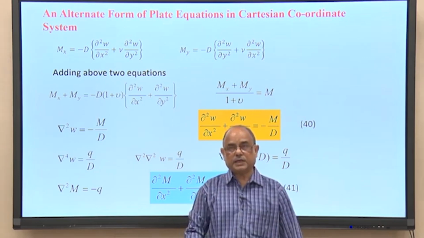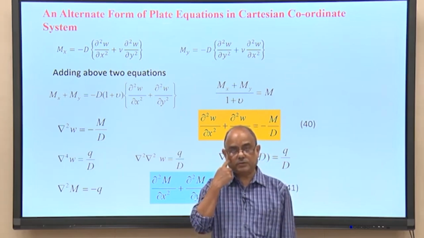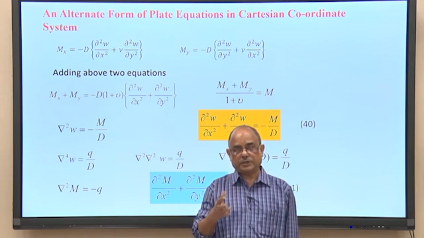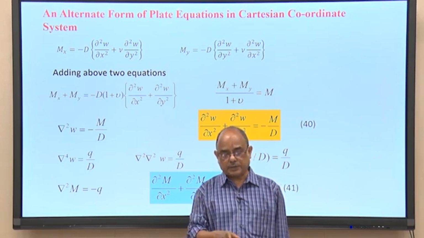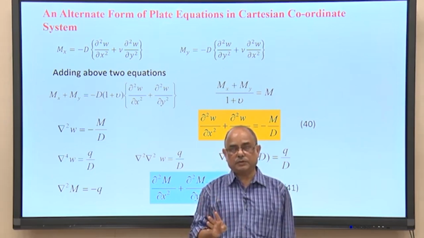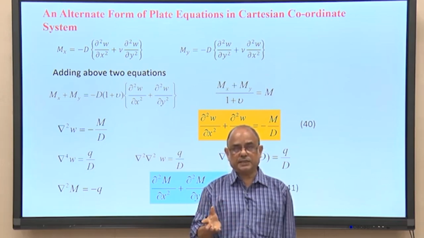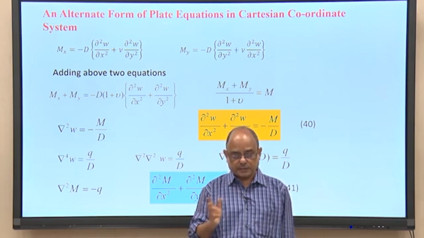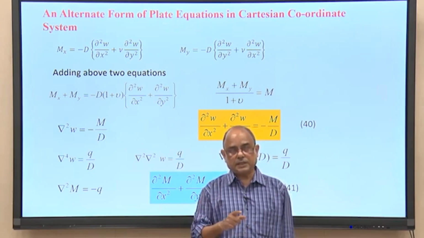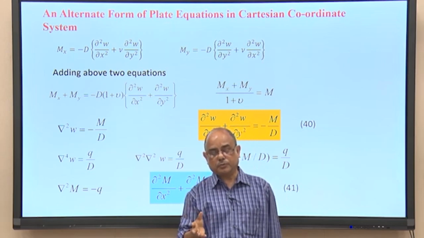In the next class I will demonstrate the different conditions or different methods of solution, especially for the equations I have derived here: one is the fourth order equation, one is the second order equation. Fourth order equation is relating the deflection to the distributed load, and second order equation is relating deflection to a moment quantity. A moment quantity is the summation of two moments.